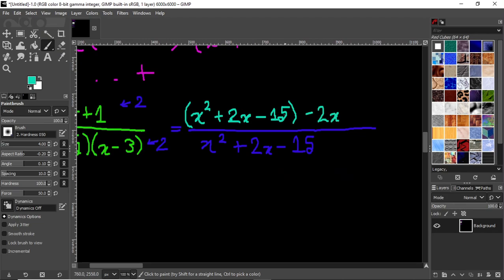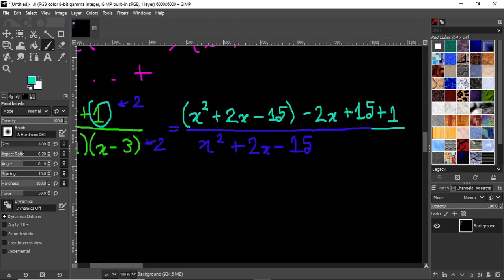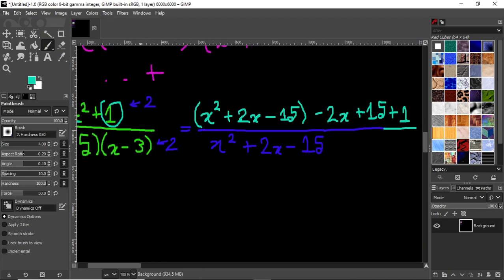Since I subtracted a 15, I need to add a 15. And you have the plus 1 remaining. All right, so that should be okay, right? So this is what we have now.